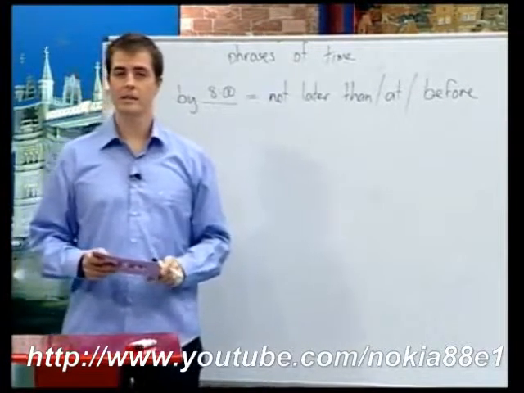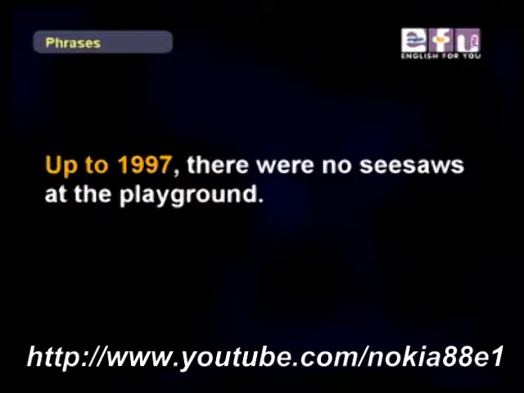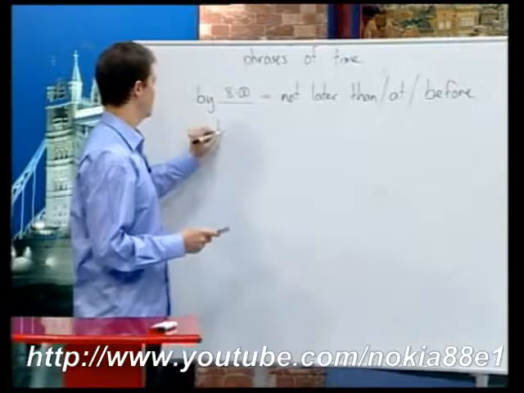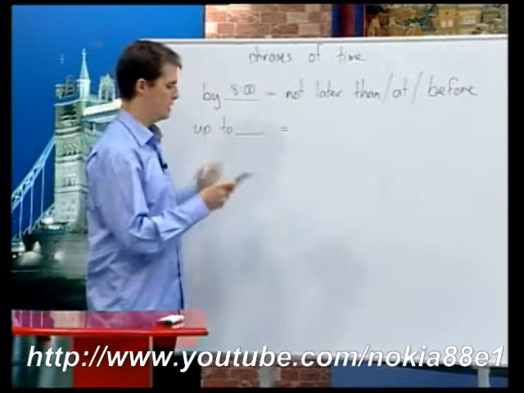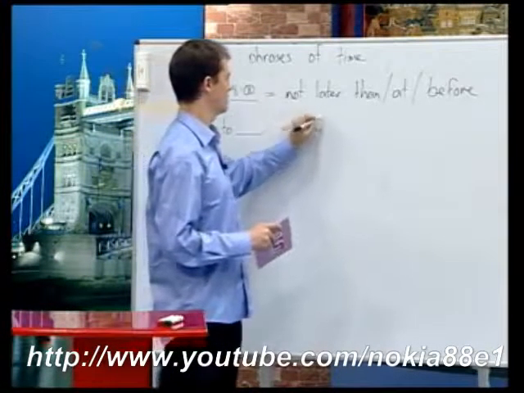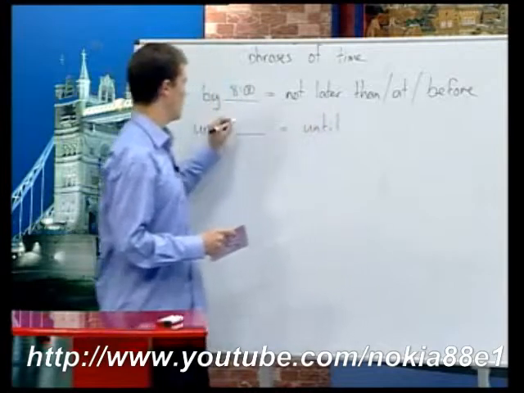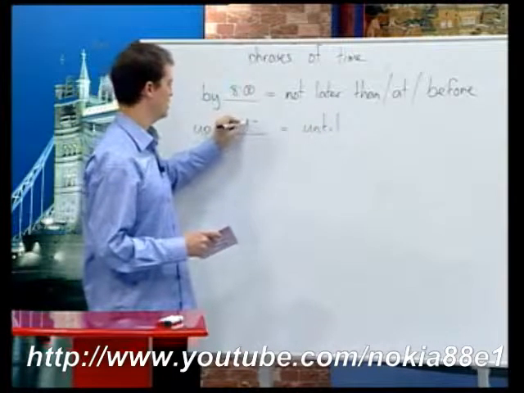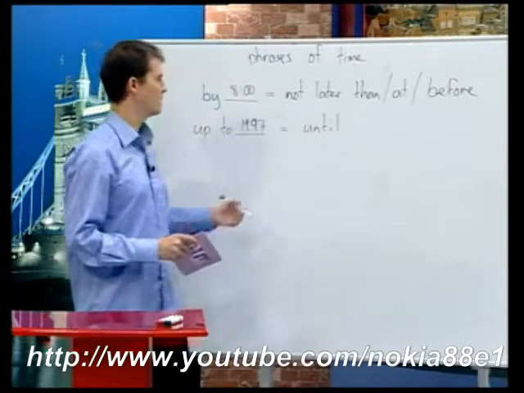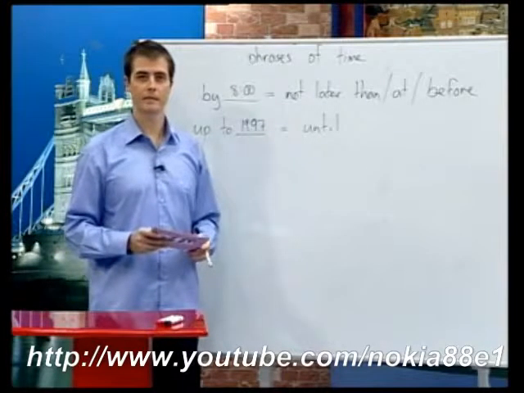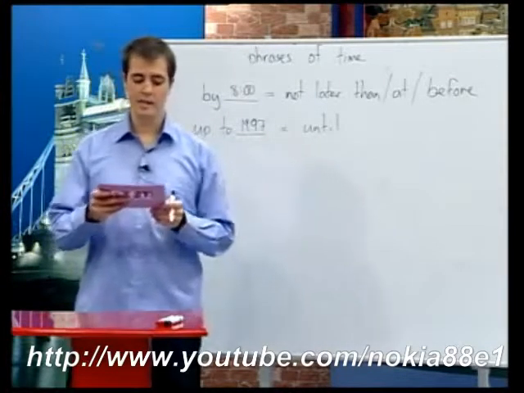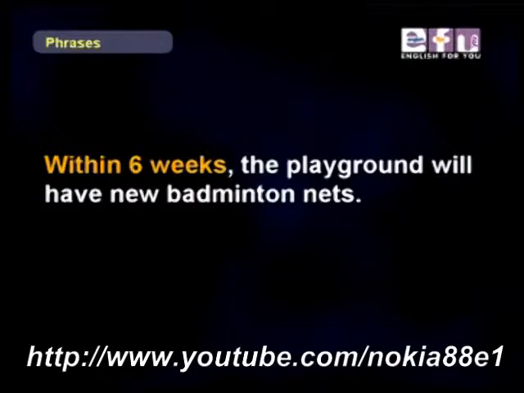In the second sentence, up to 1997 is a time phrase. Up to means until. So up to 1997 is until 1997.